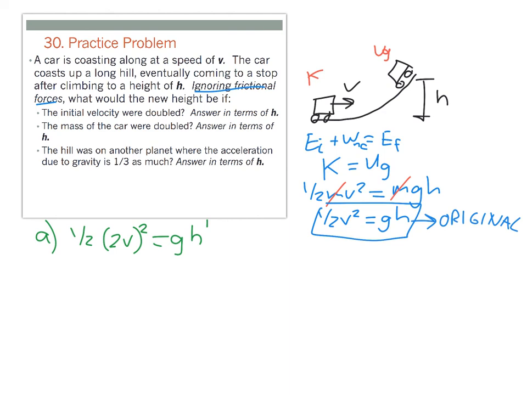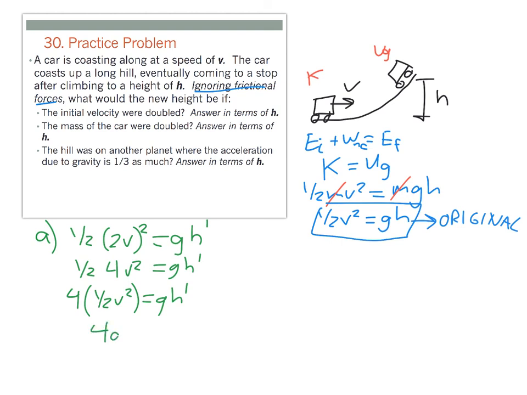Okay, squaring that 2, I have 1/2 times 4v squared equals gh prime. And what I'm going to do in this case is I'm going to pull this 4 out in front. So 4 times 1/2 v squared equals gh prime, and I can just substitute in this expression here.